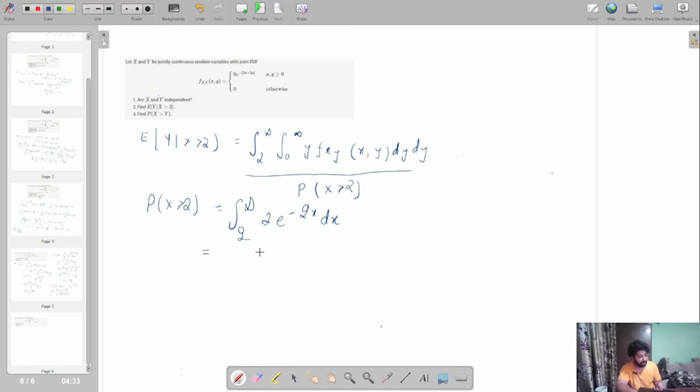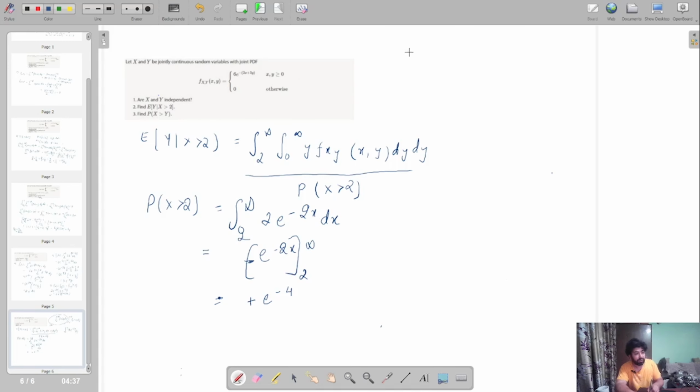If I integrate this, I will have -e^(-2x) over the range 2 to infinity. Substituting, e to the power infinity gives 0, and the lower limit gives e^(-4), so this should be plus. So e^(-4) is the answer for this one.